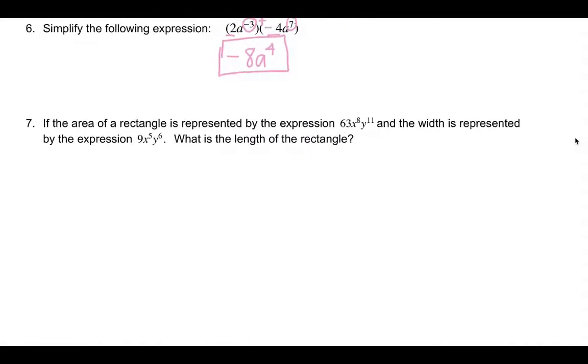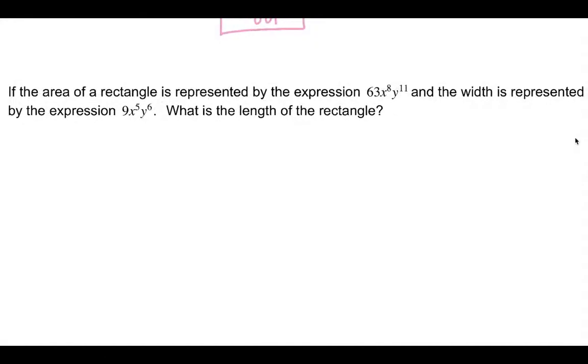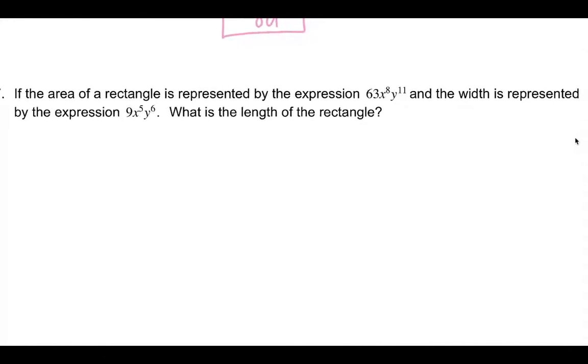Okay, we've got a word problem here. The area of a rectangle is represented by the expression 63 x to the 8, y to the 11th, and the width is represented by the expression 9x to the 5th, y to the 6th. What is the length of the rectangle? So they love asking these on STAR.